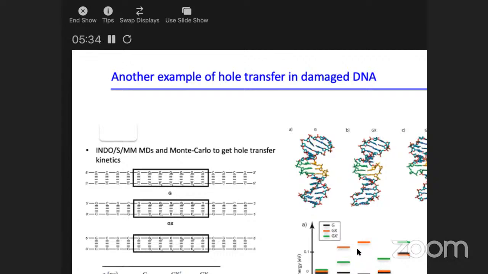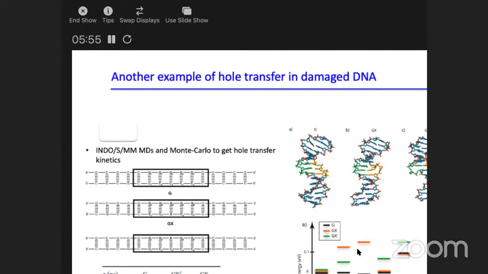And then using parametrized INDO, which is semi-empirical, with MM MD and then Monte Carlo to get the whole transfer, because Monte Carlo is going to be very good for that. They are able even to propose free energy for different structures and see what is the effect. So black is undamaged reference DNA.